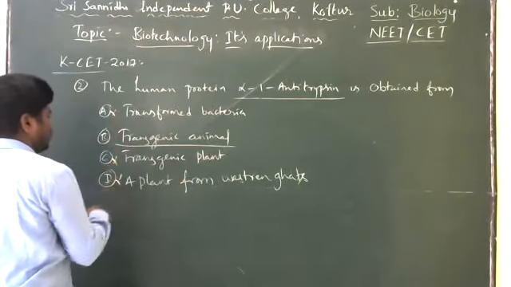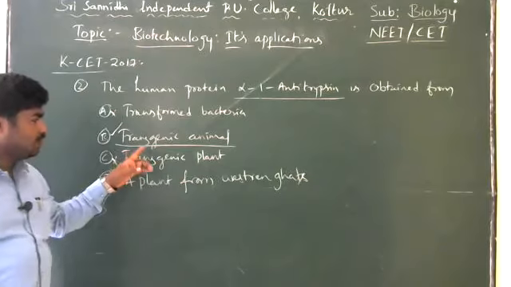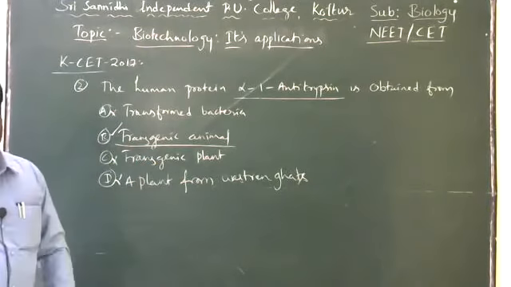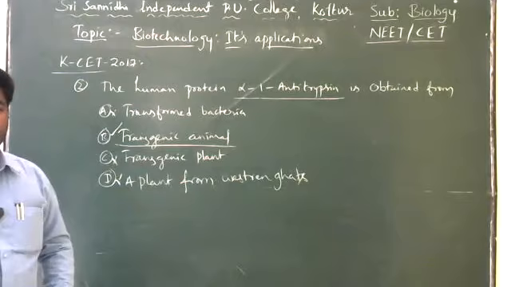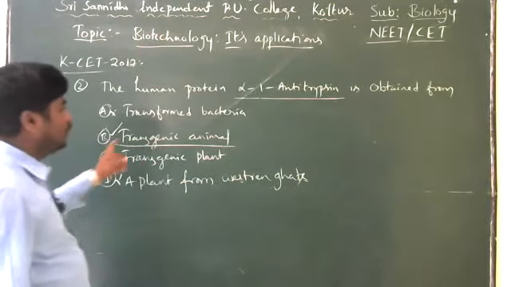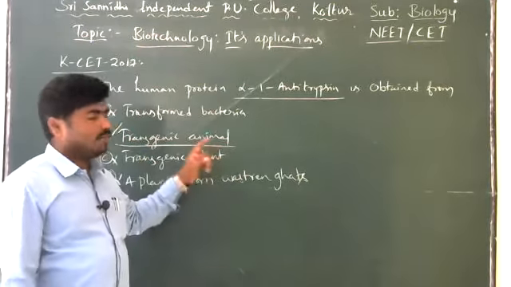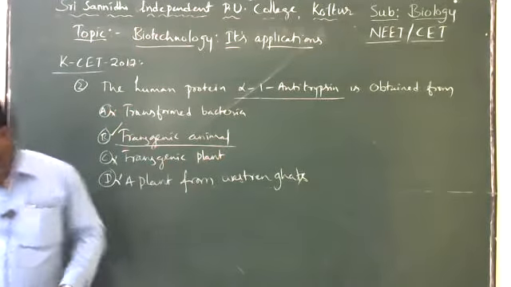So B is the correct answer. Alpha 1 antitrypsin is collected from transgenic animals, which is the biological importance of transgenic animals.